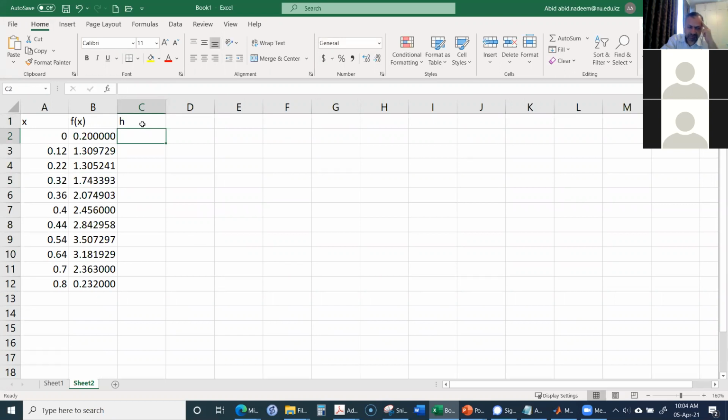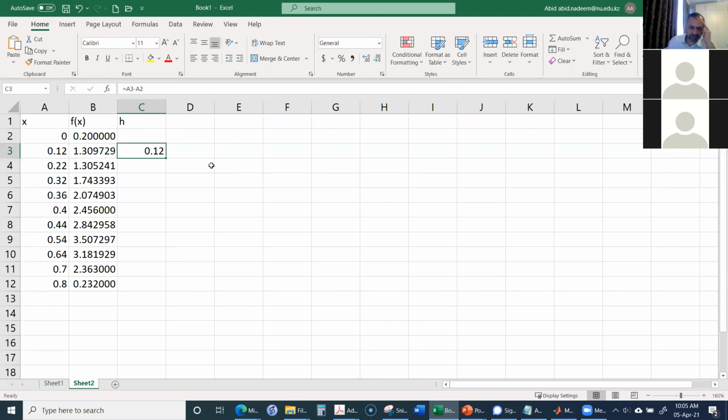Next step in Excel will be to find the value of h. So we can find the value of h like this. So h, or maybe we can start from here. Yeah, h is equal to this value minus the previous value of x. Okay, the value of x here minus the value of x at the previous point. So it will be 0.12.